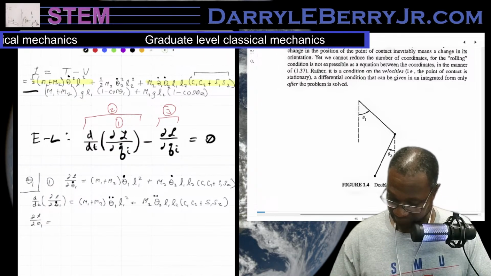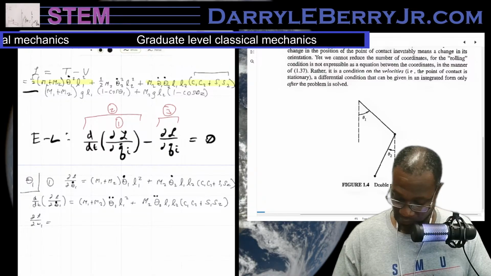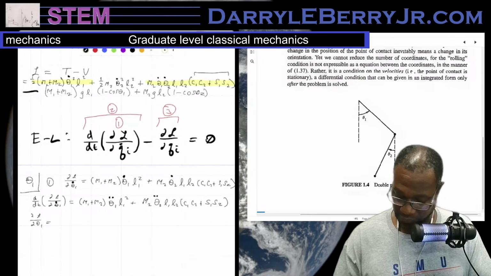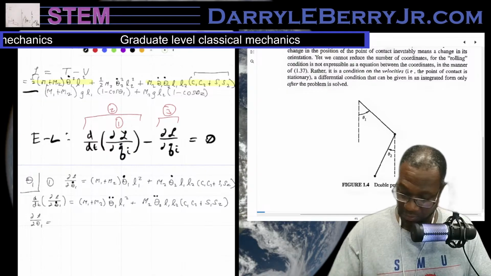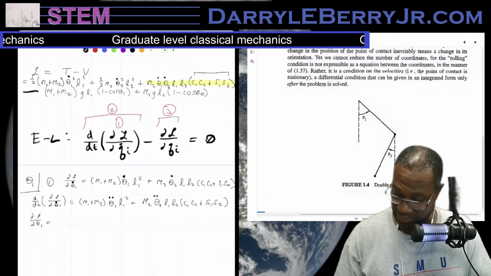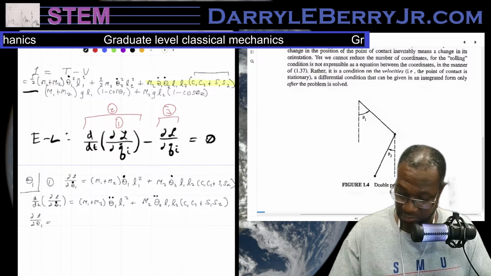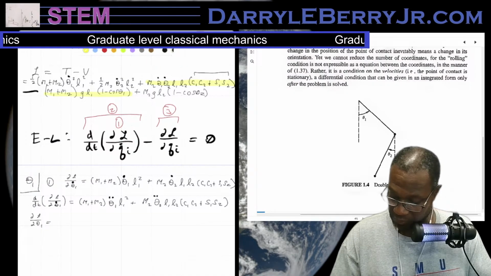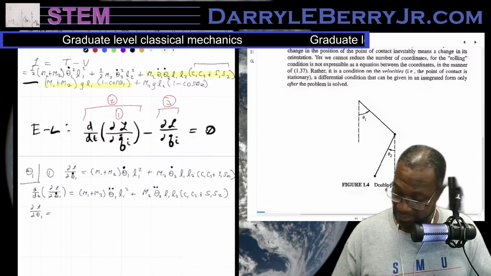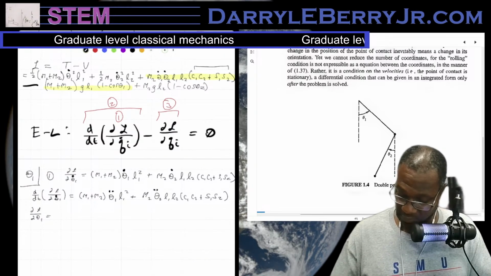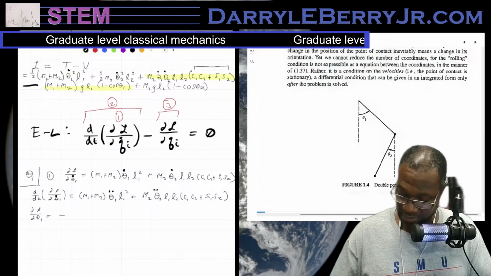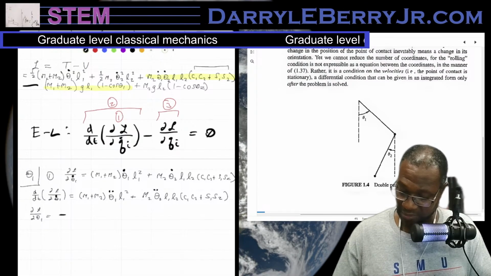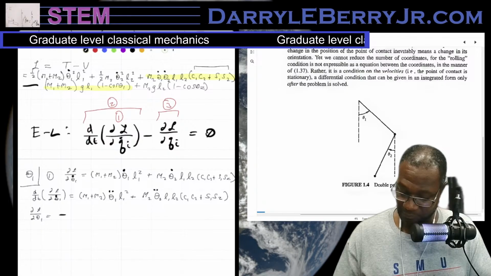So if I look at this, a lot of stuff is, of course, going to disappear. Right now, I'm looking just at that one right there. Oh my gosh, there's another theta 1 right there. So those are the two theta 1s I see that I have to take derivatives of. For the first one, I'll have a negative because it's a cosine theta; when I take the derivative, it goes to sine.